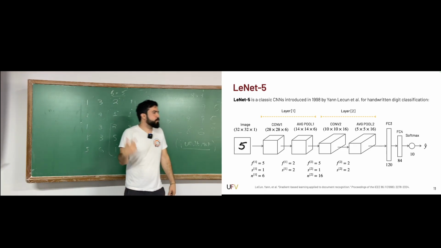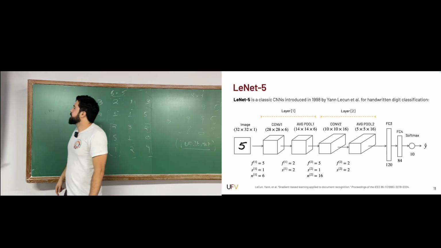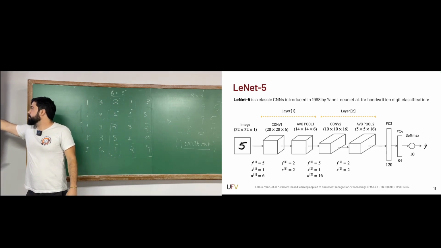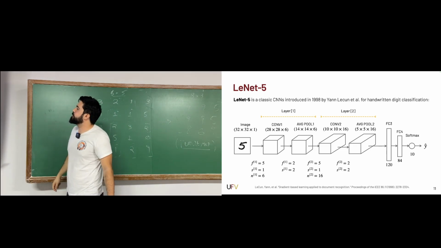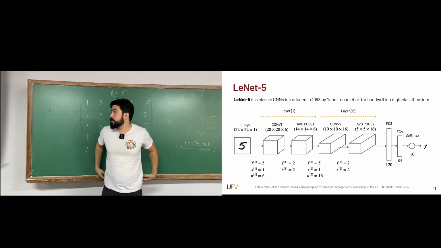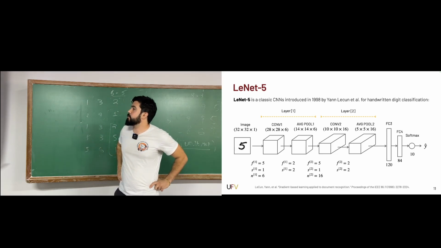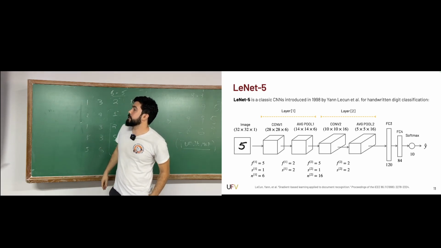So that gives you a 120 by 400 matrix. And then that's followed by another fully connected layer, FC4, that has 84 hidden units.